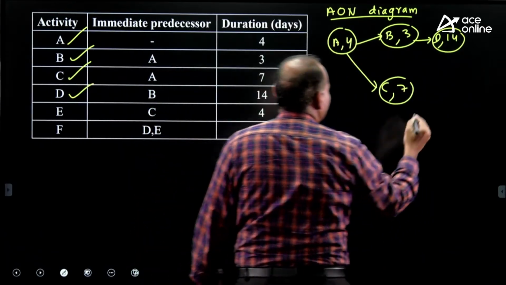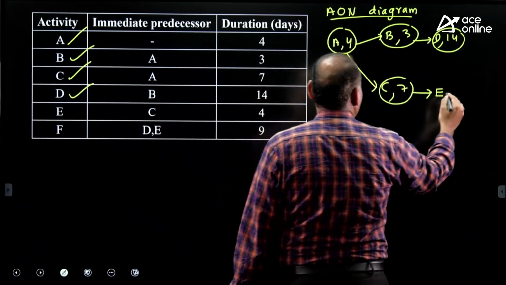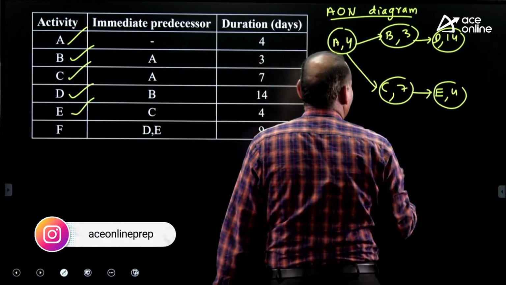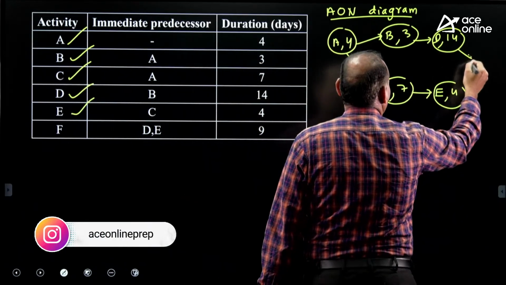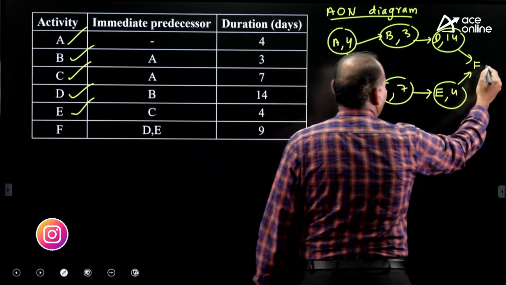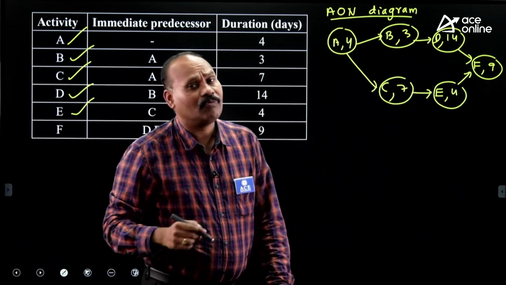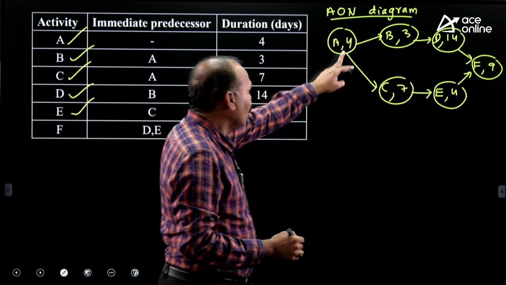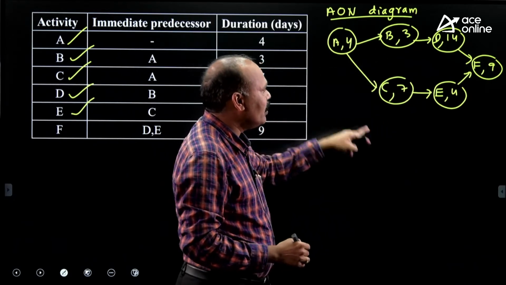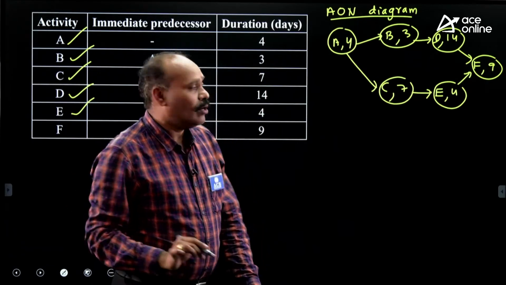E after C. Duration of E 4 days. Activity F, after D and E. So D and E will give F. What is the duration of F? 9. After completion of the diagram, we can check whether we have drawn correctly or not. A before nothing, B after A, C after A, D after B, E after C, F after D and E is correct.